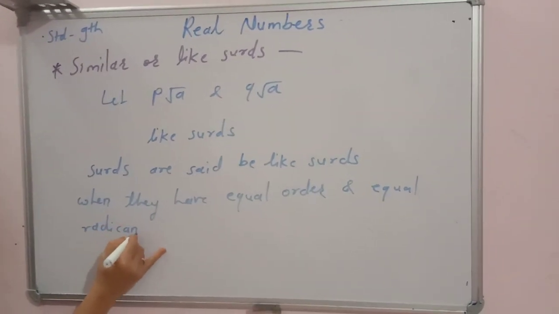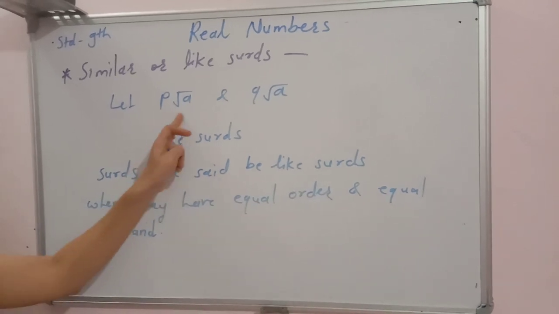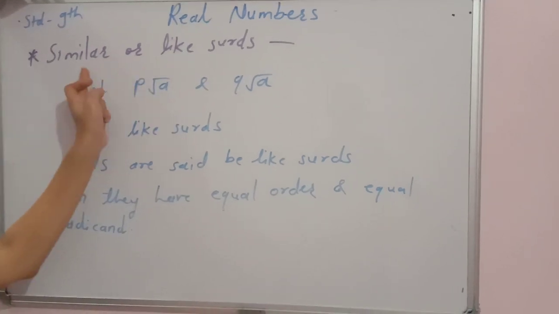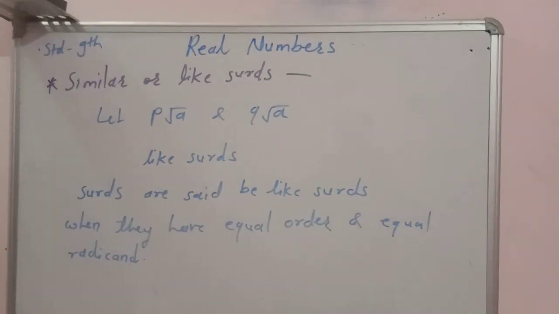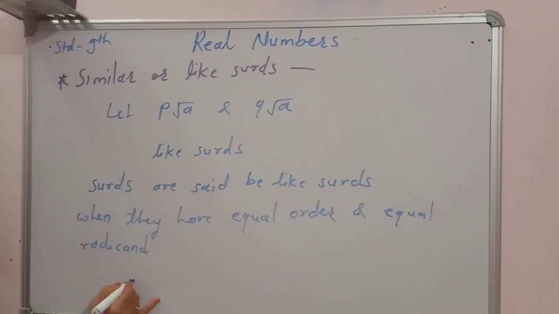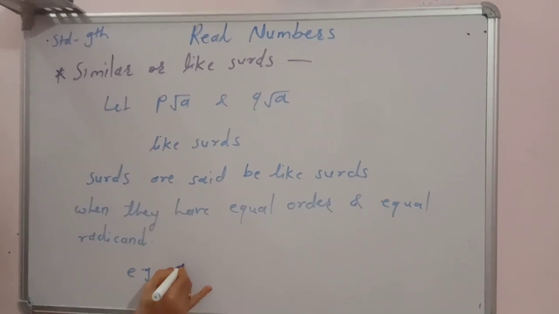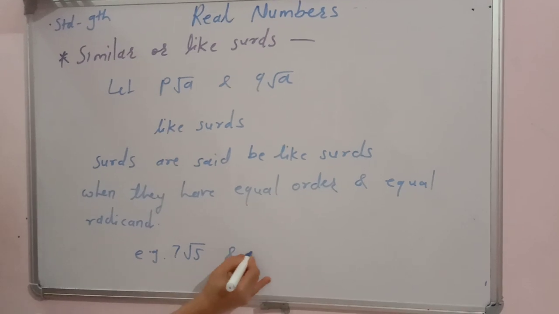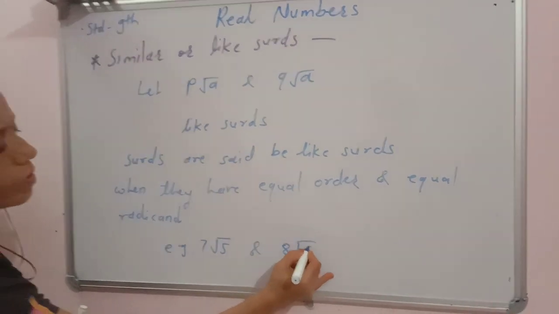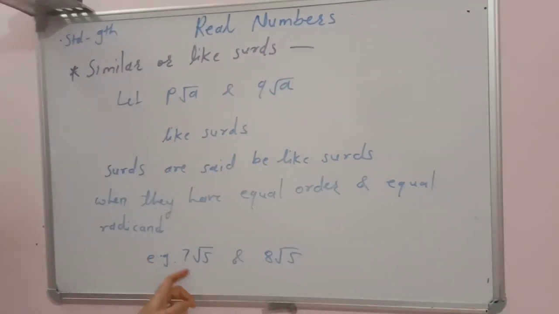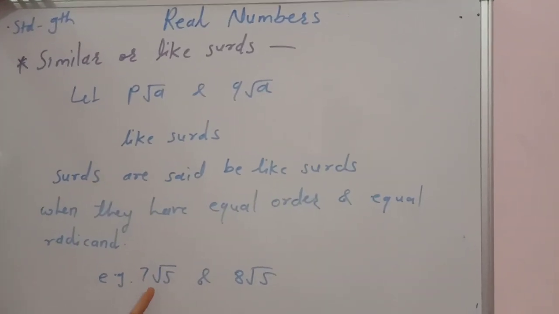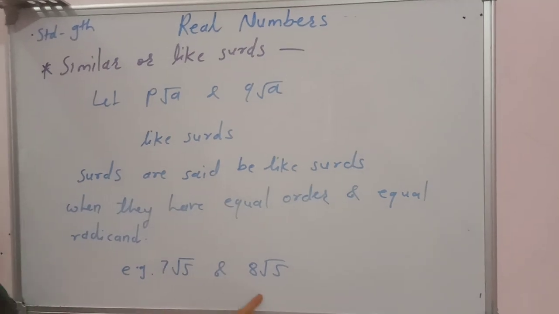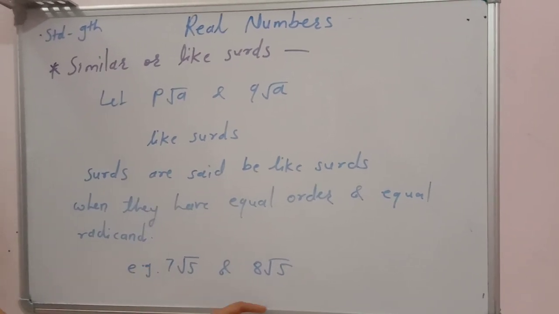When their radicand is the same and order is the same, then such surds are known as similar or like surds. For example, you can take 7 root 5 and 8 root 5. These are actually different surds, but they are known as like surds because here the radicand and order both are the same, that is 5.